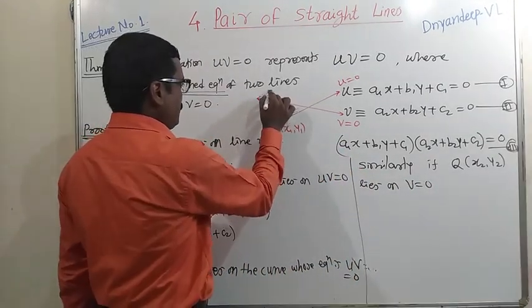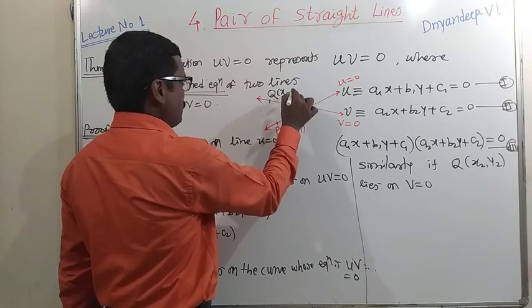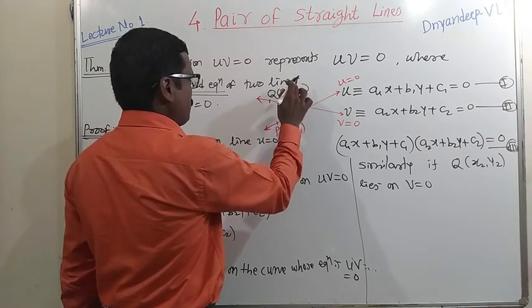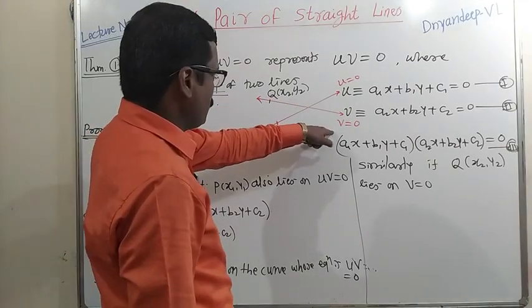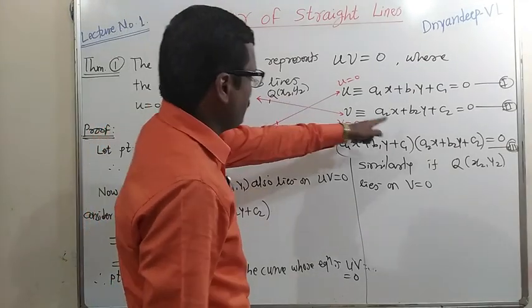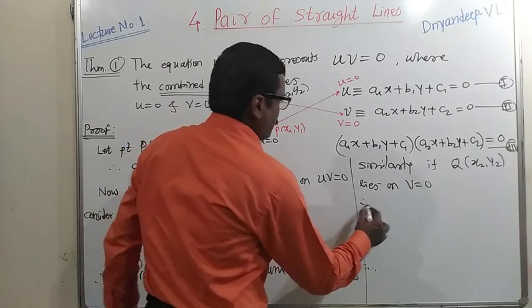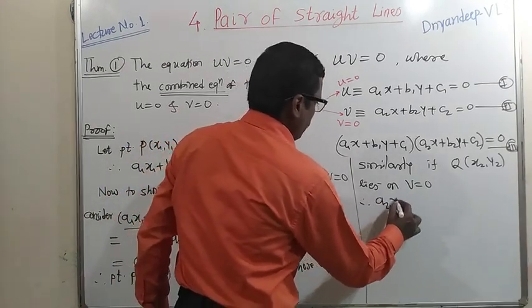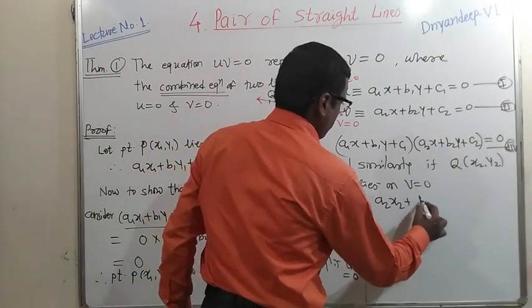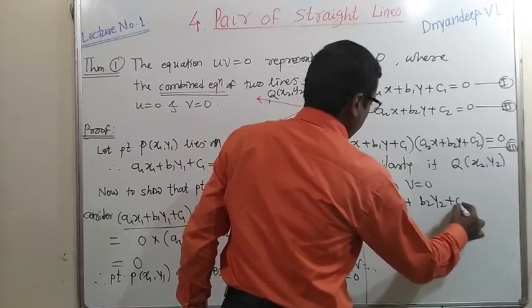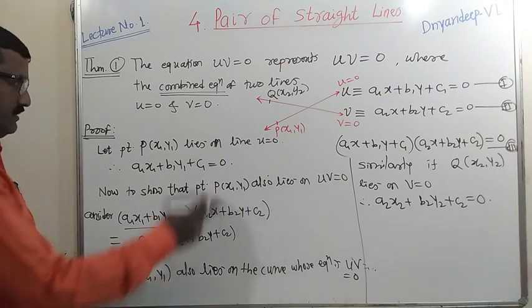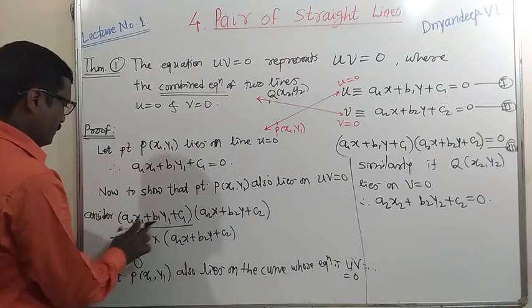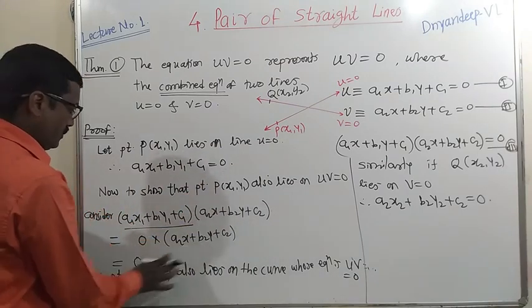If you take another point Q whose coordinates are x2, y2, then it lies on v equal to 0. So these coordinates satisfy this equation. Therefore, we get a2x2 plus b2y2 plus c2 equal to 0. And using the same result here, we will get the first expression as it is into 0, that is equal to 0.